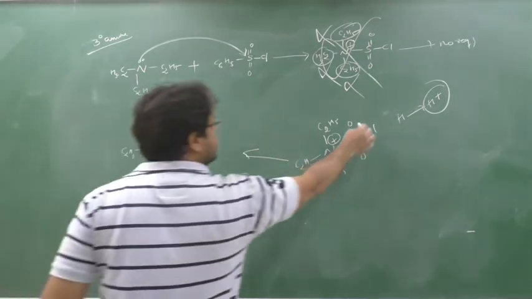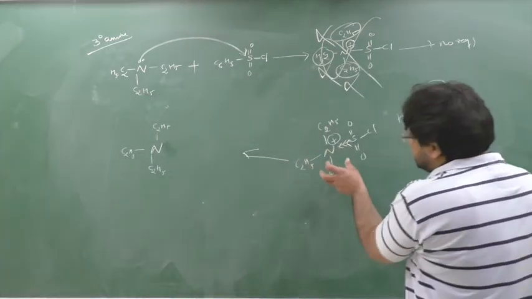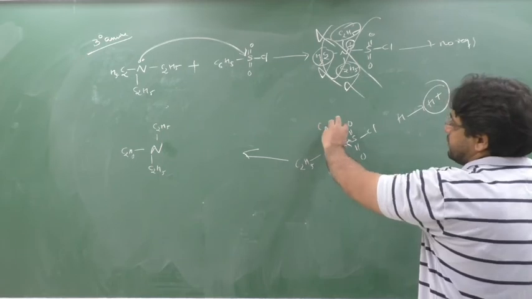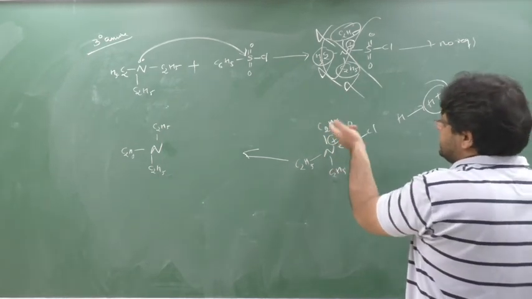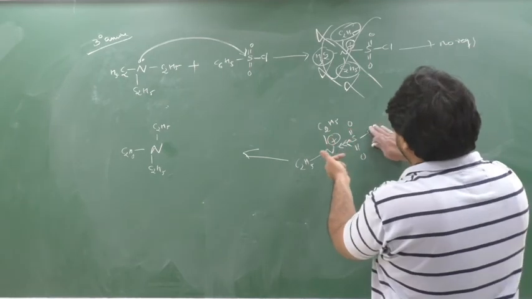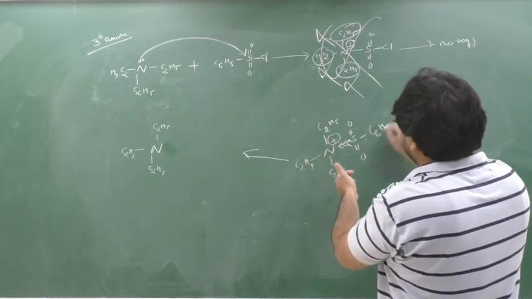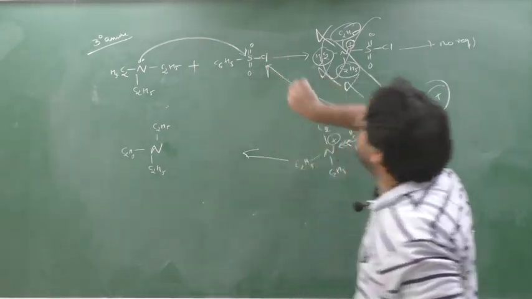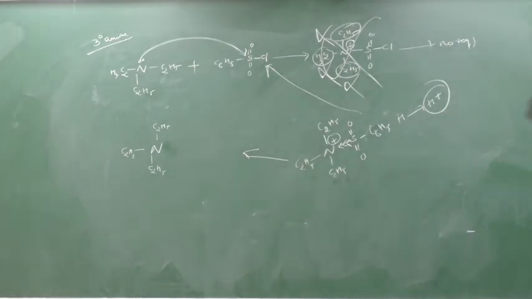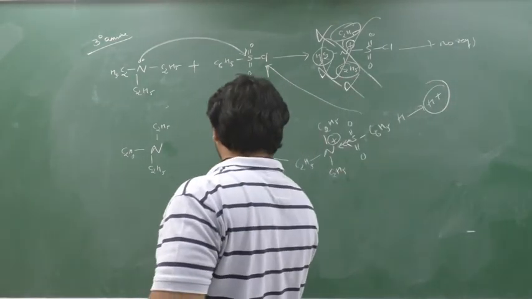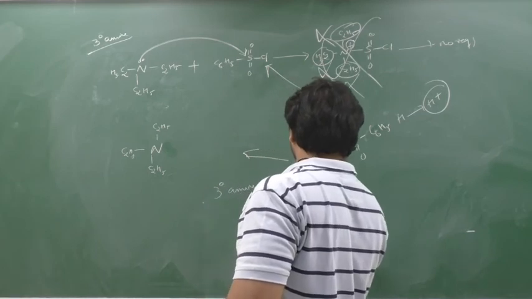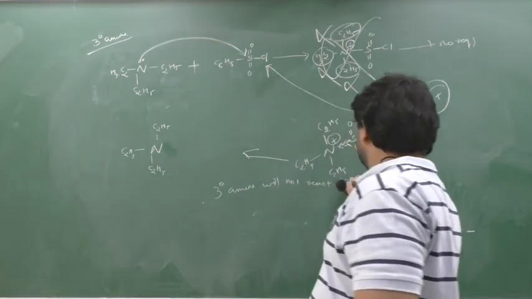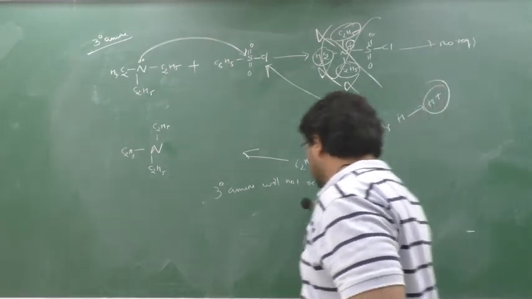So again this nitrogen, to satisfy its plus charge, cannot take the electron from C2H5, so it will try to attract the electron from the sulfur. When this nitrogen tries to attract the electron from the sulfur, the reaction will repeat in the backward direction. Means in short, 3 degree amine will not react with Hinsberg reagent.